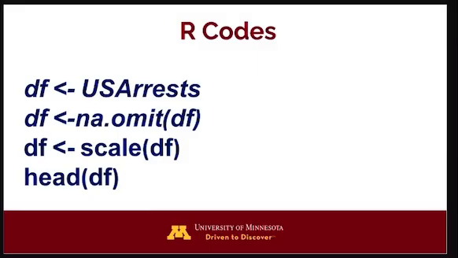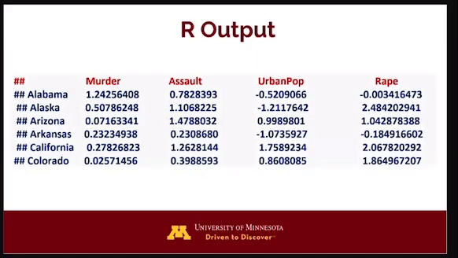Scaling is standardization. Now, if I want to see the first 6 rows in my data set after scaling, it is this. Don't forget, we have over 50 states. We are only showing the first 6, from Alabama to Colorado.